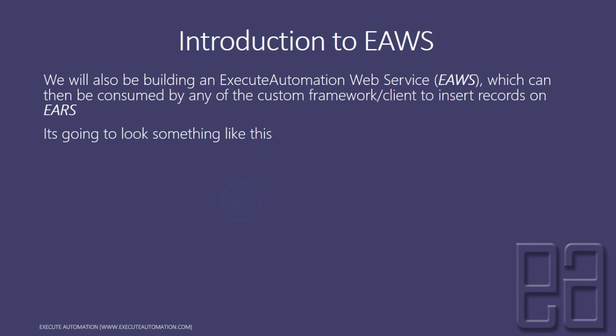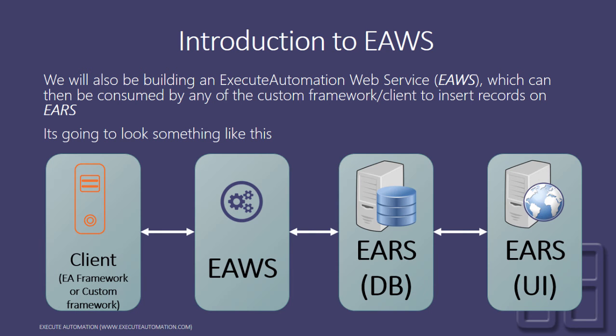Well, we also have what is called EAWS, or Execute Automation Web Service, which can then be consumed by any custom framework or a client to insert records on our AIRS. It is going to look something like this. We will have something like a client.